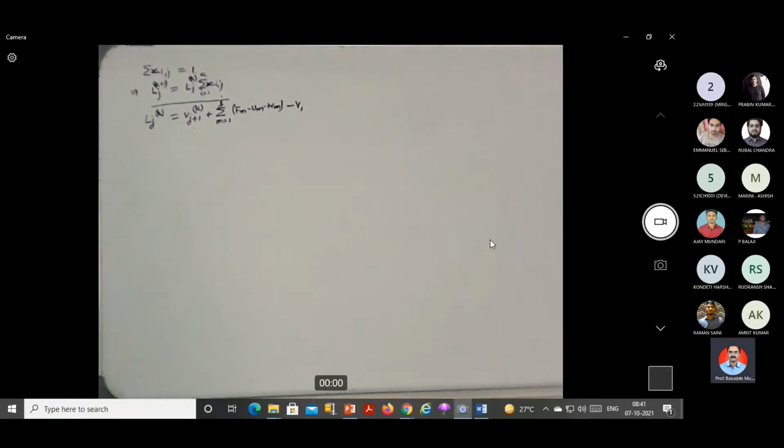V3 was calculated from the energy balance equation for stage 2. Similarly, Vn we calculate from the energy balance equation for stage n minus 1. The energy balance equation for the nth stage was used to calculate Qn, that you know already. Further you cannot use it. Anyway, the source equation for vapor flow rate was the energy balance equation.